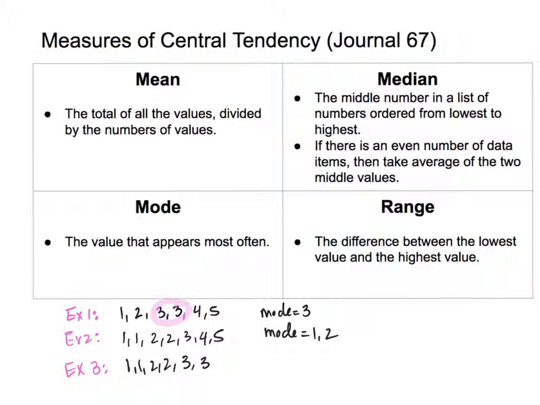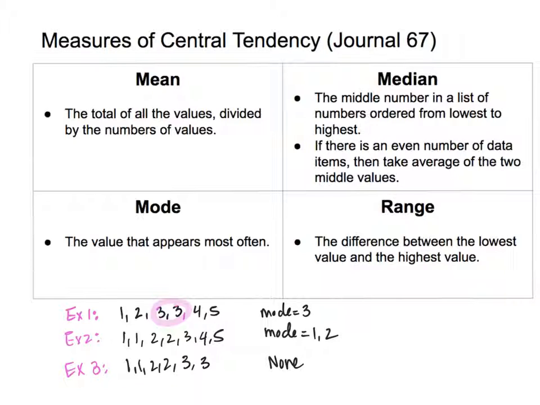Because I have a copy of each number twice, none of them are outdoing each other, right? So which one is the one that appears the most often? Well, in that case, there's not a number that is going to stand out. Because they all appear twice, there is no mode. So there is no mode here, or none.